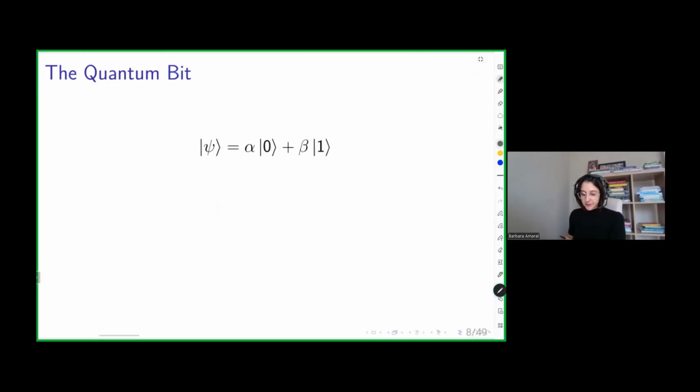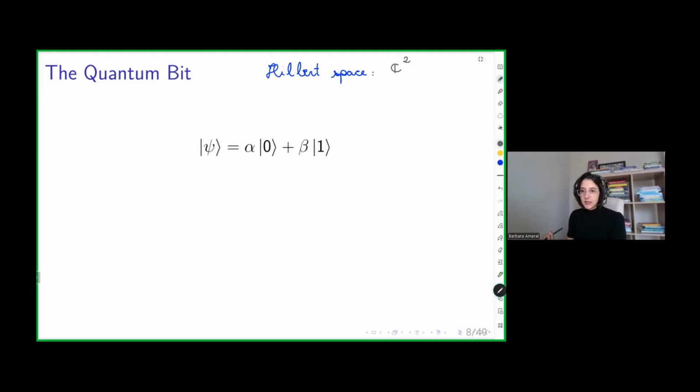So what we call the quantum bit is just a system that can be described with a two-dimensional Hilbert space. So the Hilbert space of the quantum bit is C2.